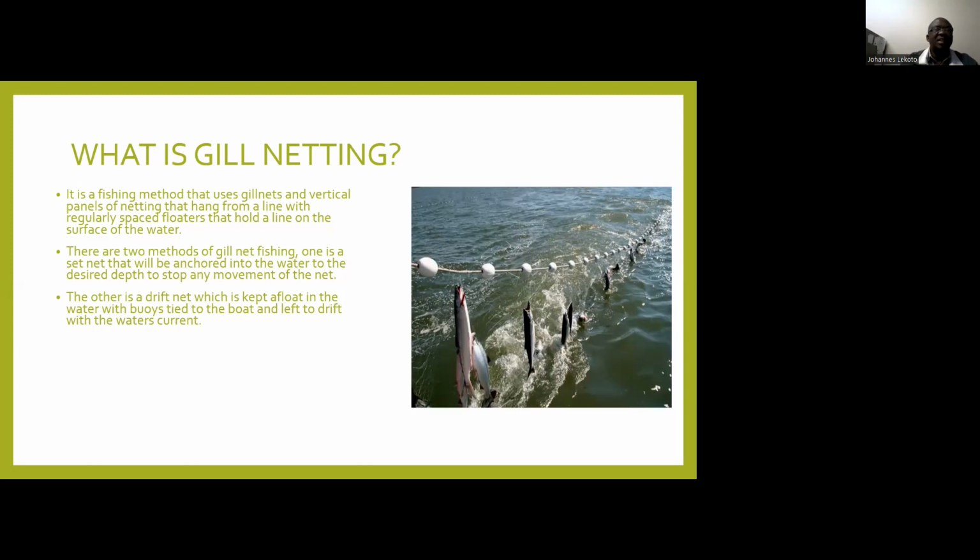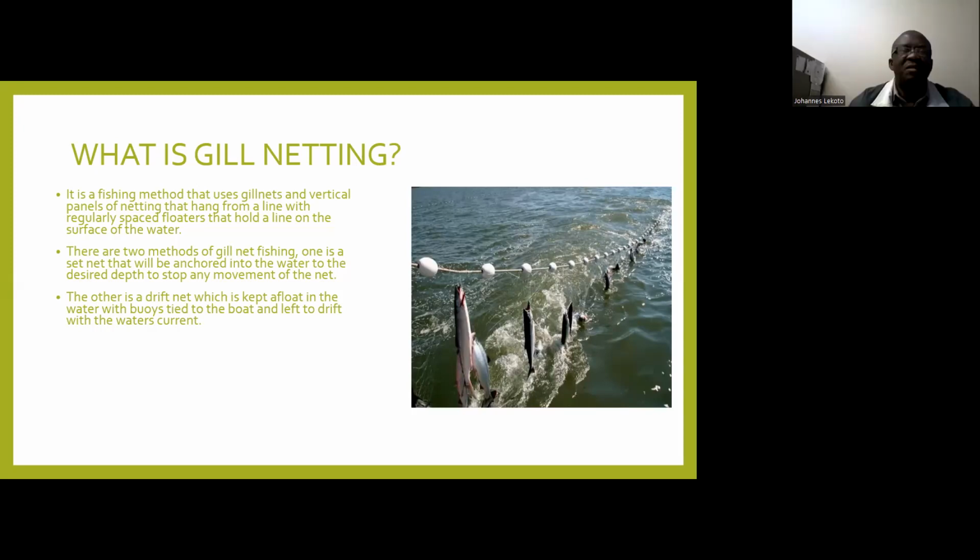I'm saying here gill netting is a fishing method that uses gill nets and vertical panels of netting that hang from a line with regularly spaced floaters that hold a line on the surface of the water. There are two methods of gill net fishing. One is a set net that will be anchored into the water to the desired depth to stop any movement of the net.